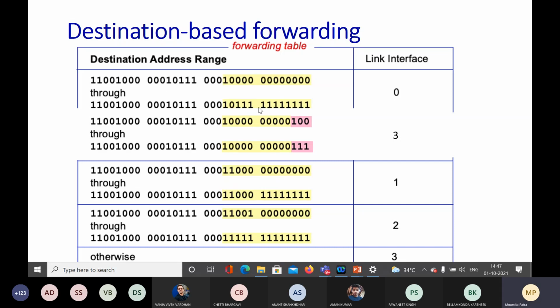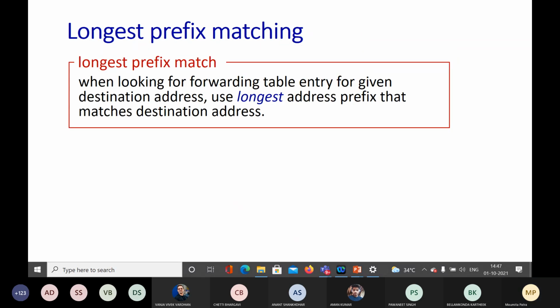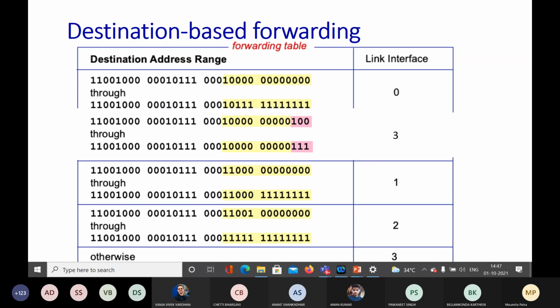Look at this part where you have 100 and 111 as a range, which falls under output port number 3. These are certain issues that will come up, even if you have it in a range, if you do not put the division properly. Then how will you transfer the datagram to the corresponding output port?